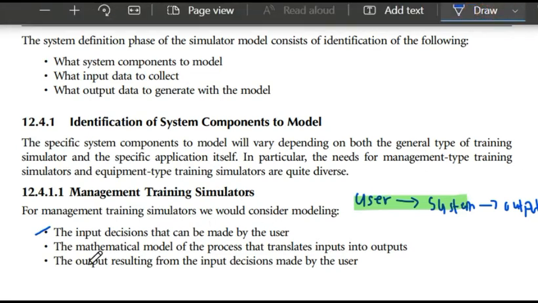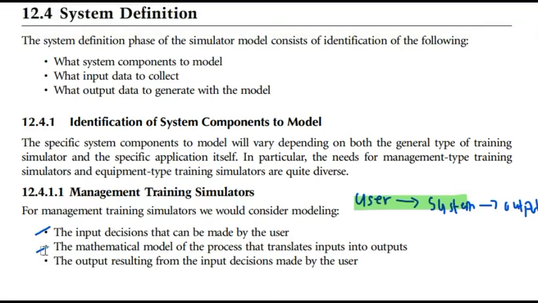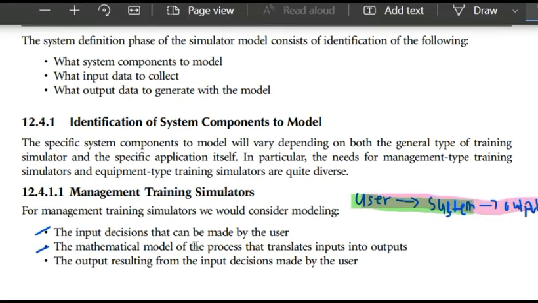Now, for the second consideration, the mathematical model of the process that translates inputs into output. So, ito naman siya, this is between the system. Okay. So, itong second consideration, this is between the relationship of user, system at saka output. So, itong tatlo talaga. So accordingly here, the mathematical model of the process to translate inputs into outputs.